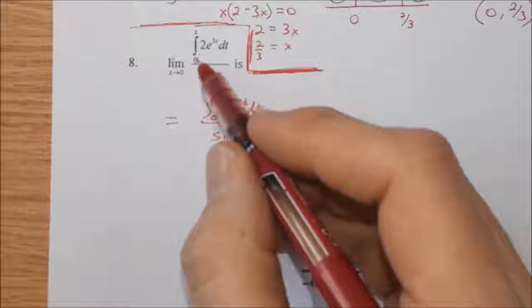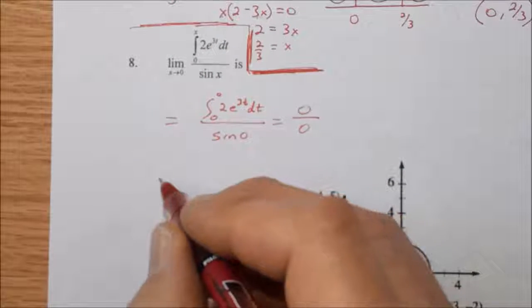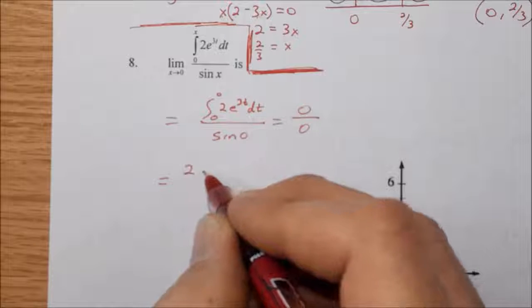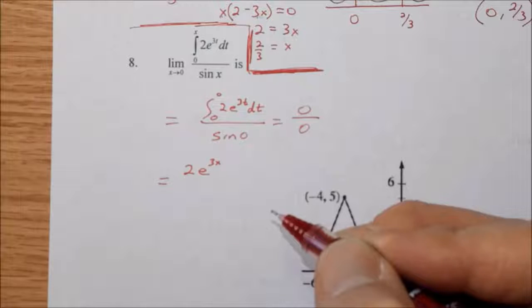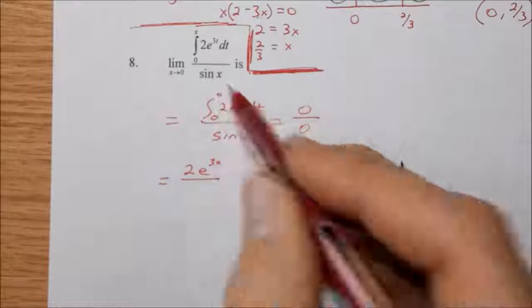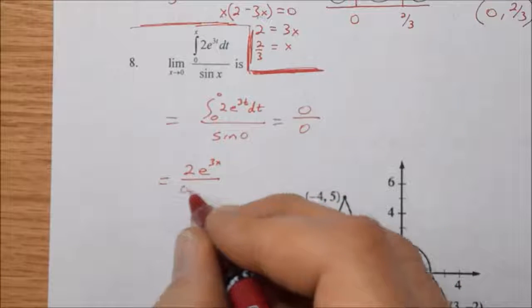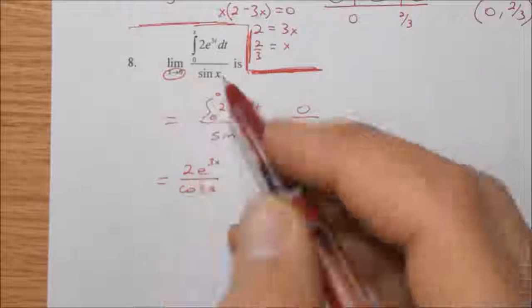Well, what's the derivative of the integral from 0 to x of 2e to the 3t dt? It's just going to be the same expression with t replaced by x. In our denominator, we have the derivative of sine, which is cosine. Now we plug 0 in again.